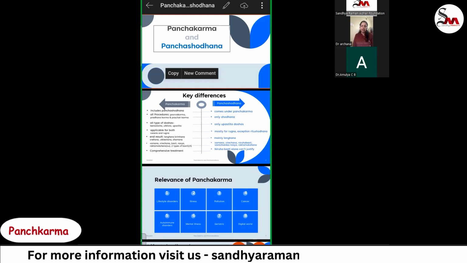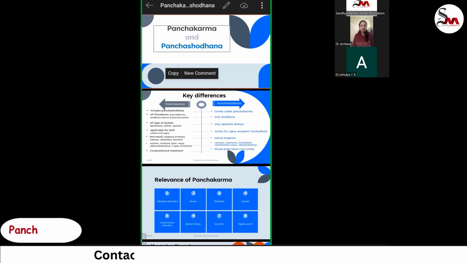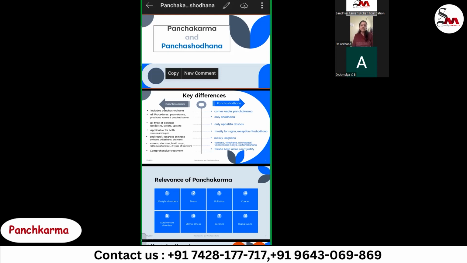Panchakarma is mentioned by Acharya Charaka and Panchashodhana is mentioned by Vagbhata. Panchakarma includes Vamana, Virechana, Nasya, Basti and Rakta Mokshana, whereas Panchashodhana includes Vamana, Virechana, Niruha Basti, Vairechanika Nasya and Raktamokshana.